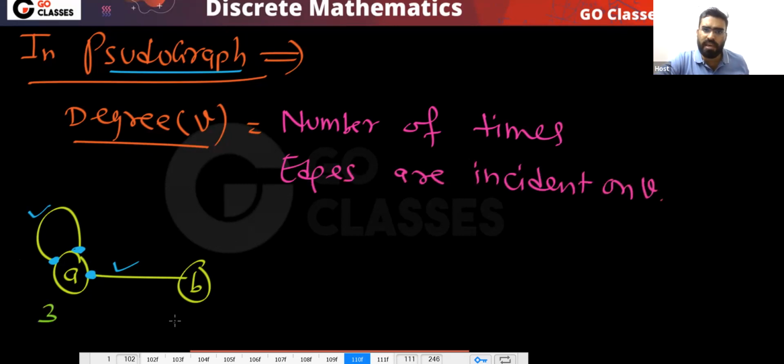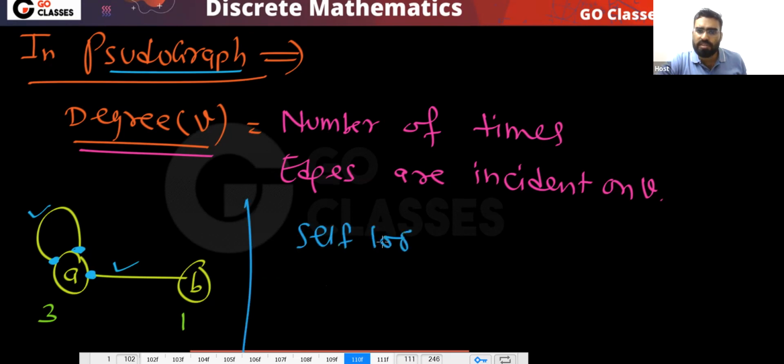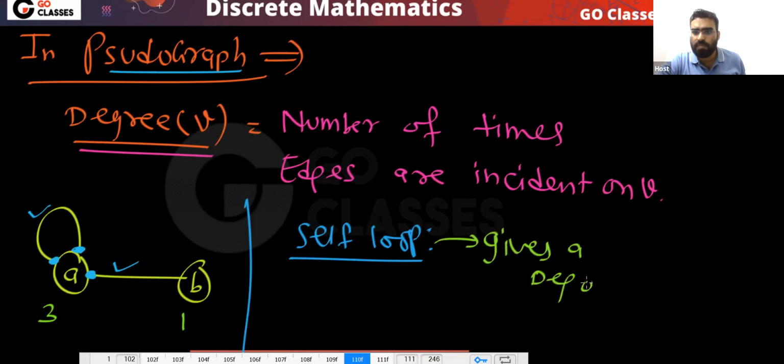So here the degree of A will be 3, the degree of B will be 1, because this is incident on A 2 times. So the degree of a vertex in pseudograph is the number of times edges are incident on it. Basically, this self loop gives a degree of 2.